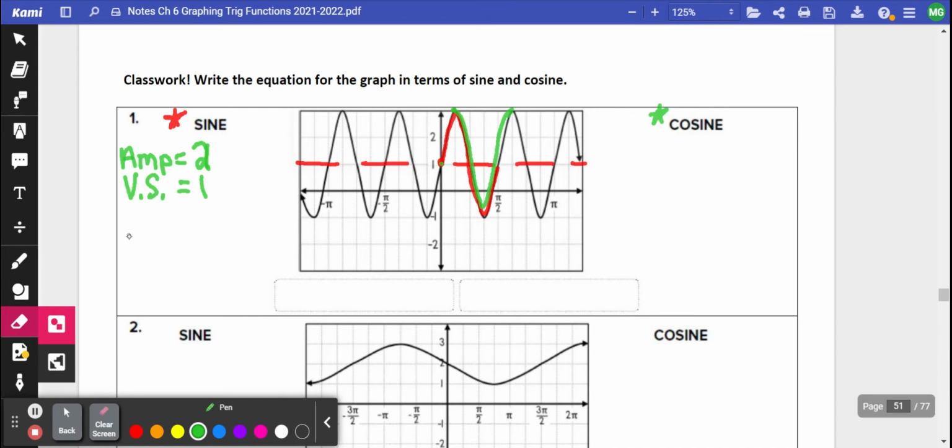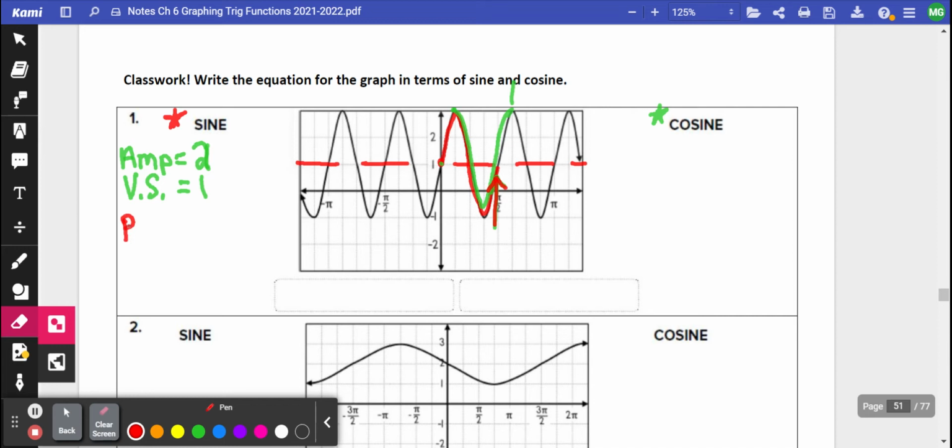Let's find our b value. So when we look at this one, it's pretty easy because we can see that we're starting here and we're ending right here, which is pi over 2. I'm looking at the sine curve, by the way. So we're going from 0 to pi over 2.